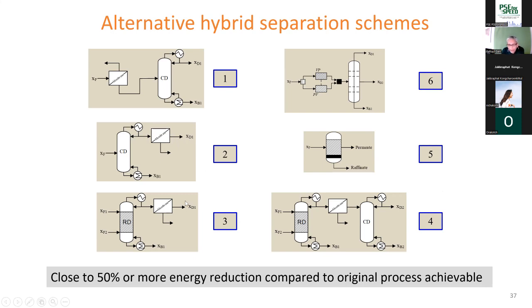So that's the idea. Here, the idea of the membrane is to remove a compound that forms an azeotrope. By removing the compound, we get rid of the azeotrope or go to the correct side of the azeotrope. And that is the case here also. So all kinds of combinations are possible, and they will all save energy and therefore reduce the carbon emission.